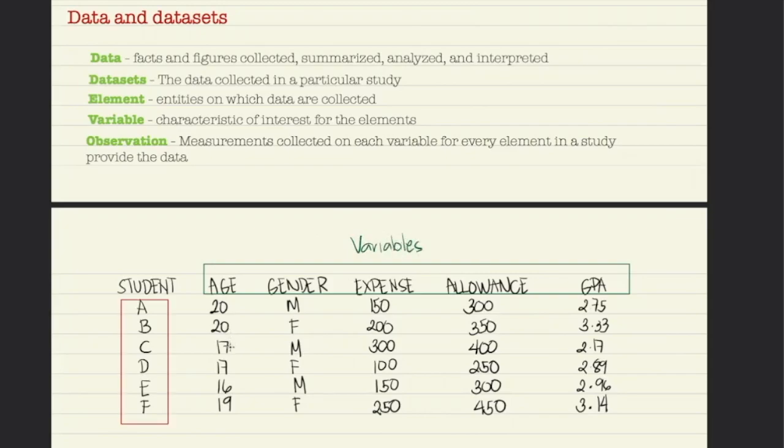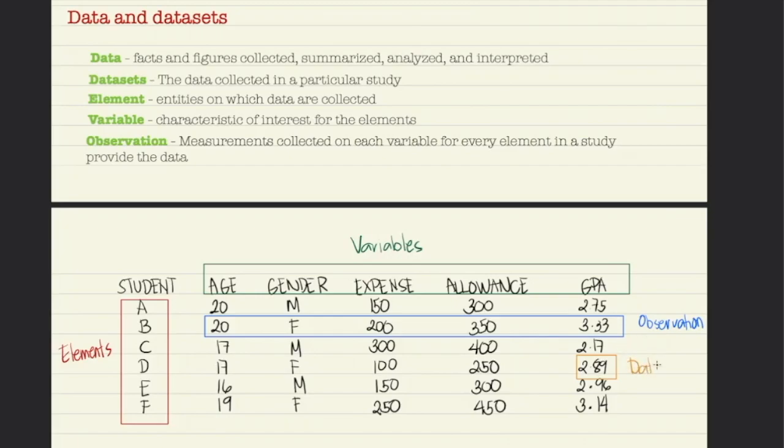The students, A, B, C, D, E, and F, those are called the elements. The values inside the variables, those are called observations. And the value for one variable is called data value.